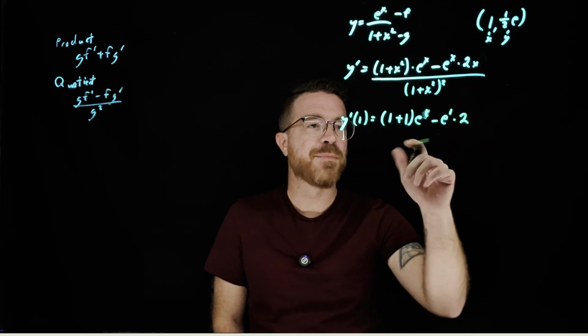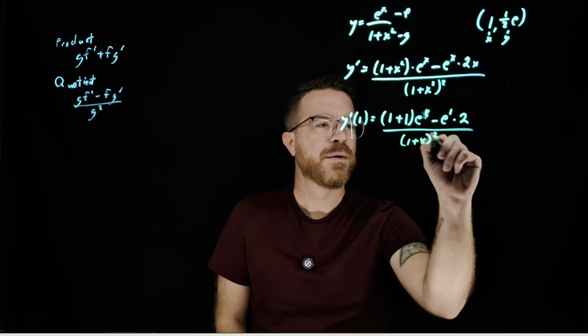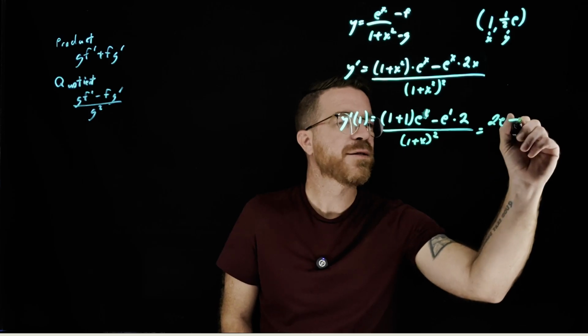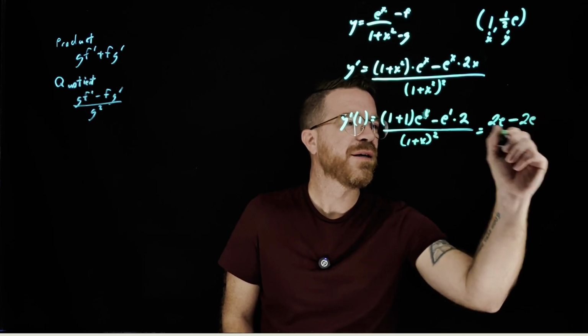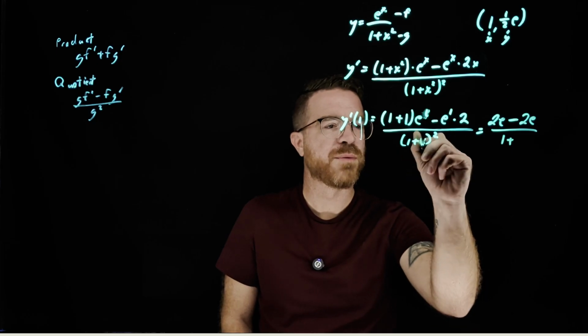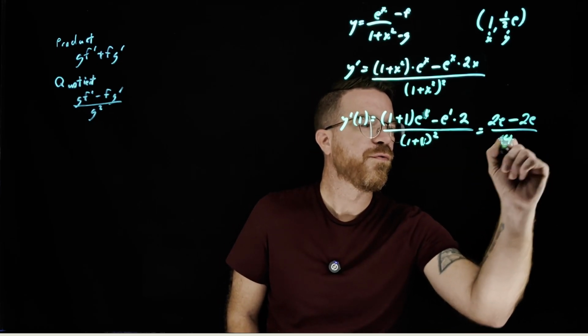So this is going to end up being 2e minus 2e over 1 plus, I forgot to put the 1 in here, so this should have been 1 plus 1, or 2 squared, which is equal to 4.